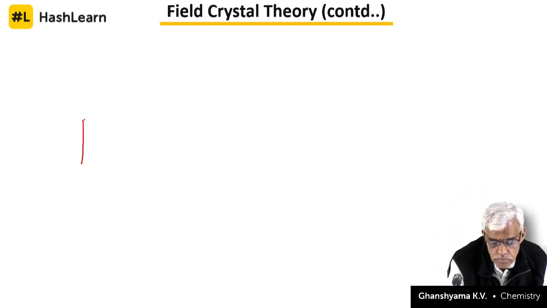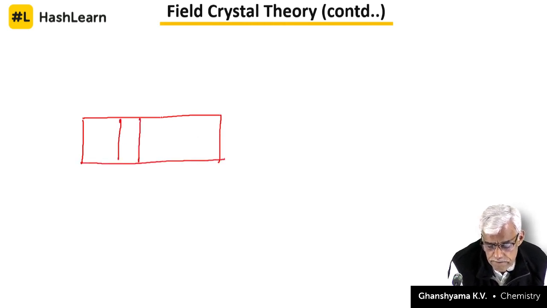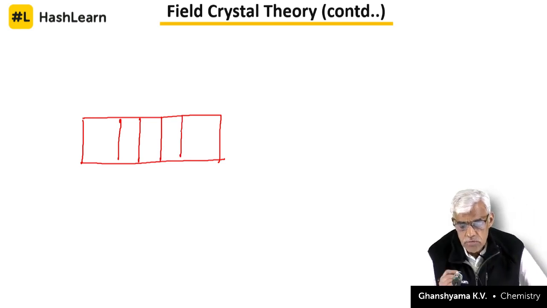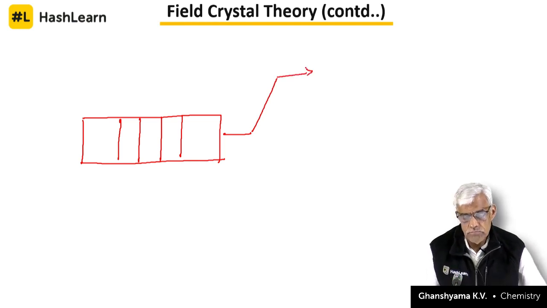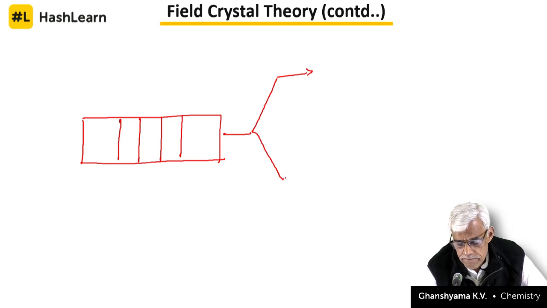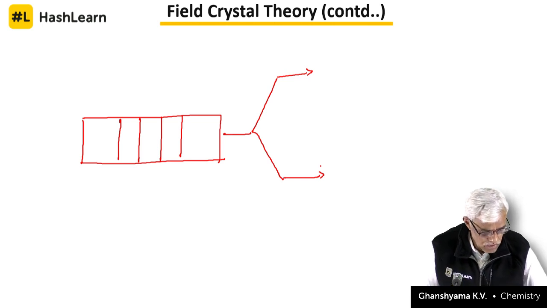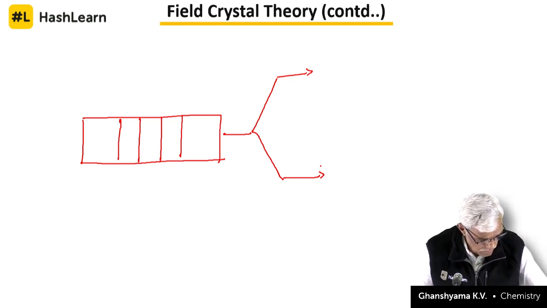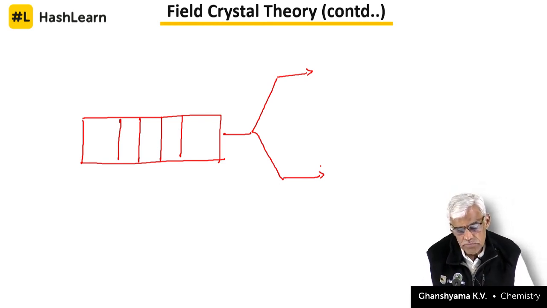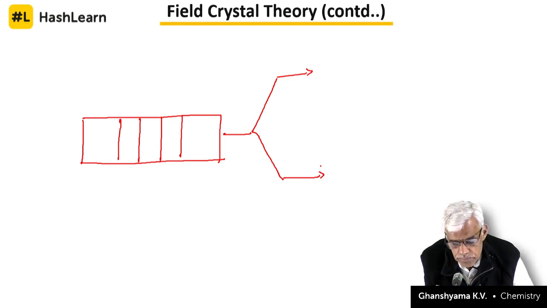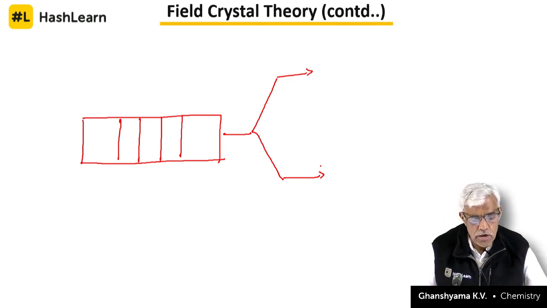So this is the d orbital. In the case of octahedral complexes and in the case of tetrahedral complexes, the degeneracy is lost and then it is split into two energy levels.